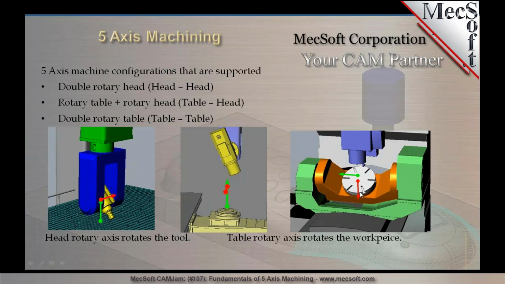And then you have the table-table configuration, where both rotations are on the table, like a trunnion type of setup, where the part is oriented or rotated to different angles depending on the type of operations that you program. So these are the 3 different types of 5-axis machine configurations we currently support in our 5-axis module.